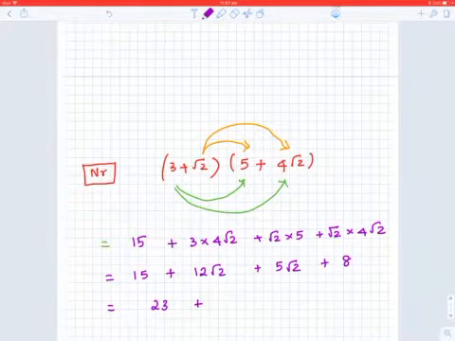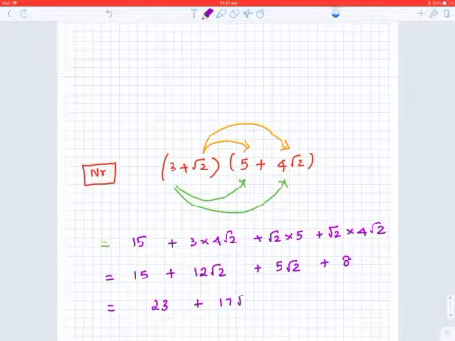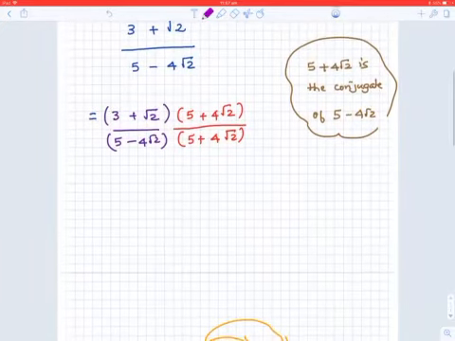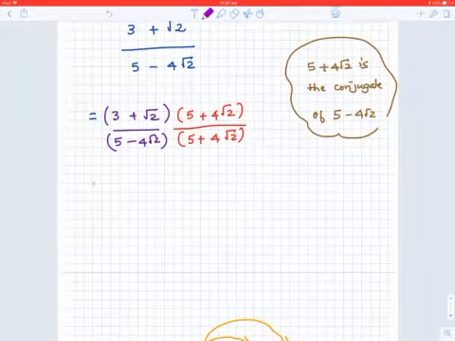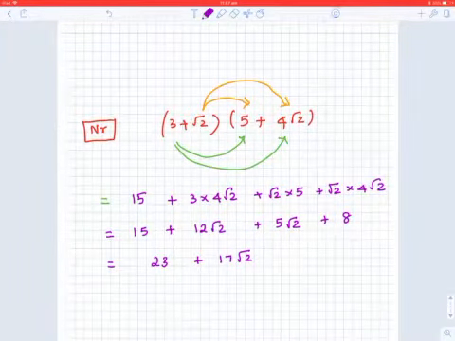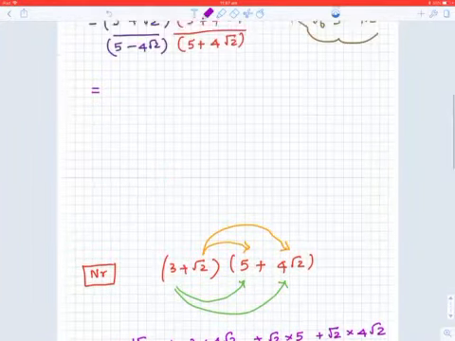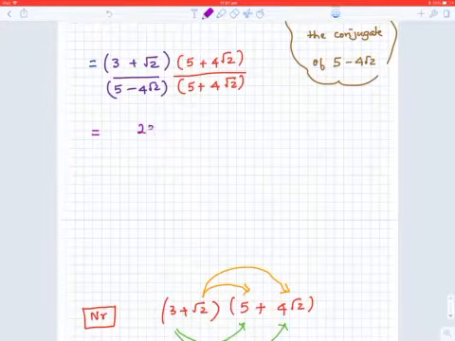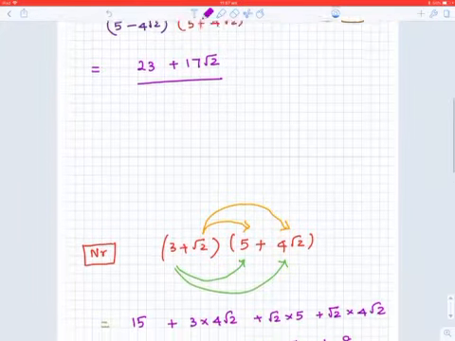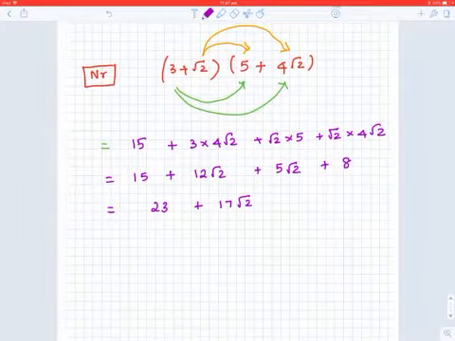Now I am going to group the like terms, which is 15 plus 8, 23, plus 12 root 2 plus 5 root 2 is 17 root 2. Okay, 17 root 2. I'm going to replace the numerator by what I got simplified, 23 plus 17 root 2.